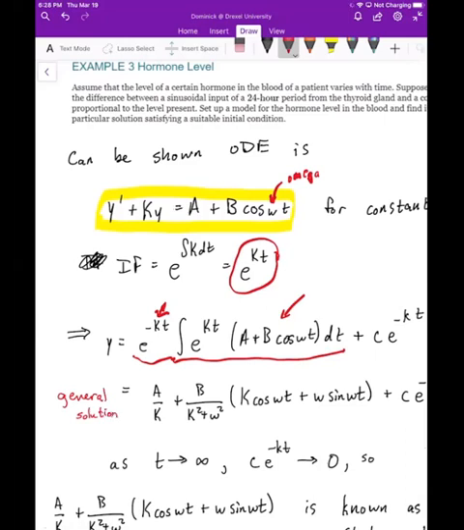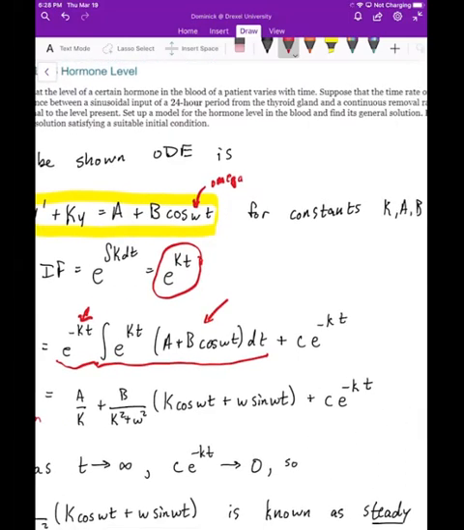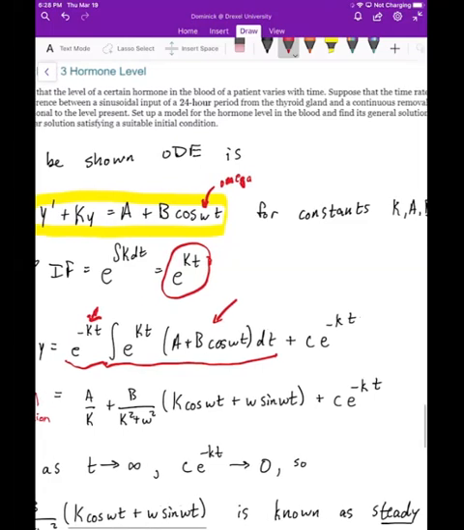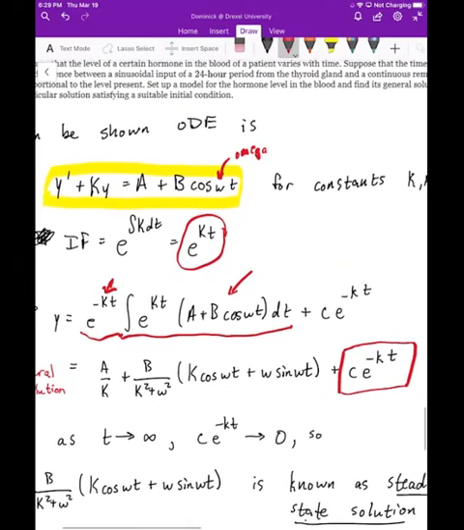And of course, to do anything really significant with this, it would be helpful to know what A, B, and K are, and also omega as well. Now, one thing that you'll notice here is this term, C times e to the minus kt. If we assume that K is positive and t is positive, so that exponent is negative, then as t goes towards infinity, this thing is going to decay to 0.